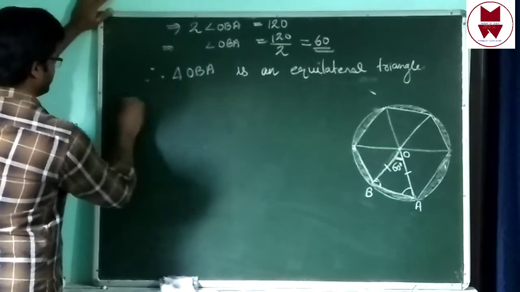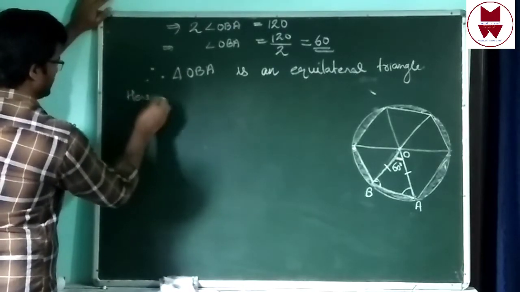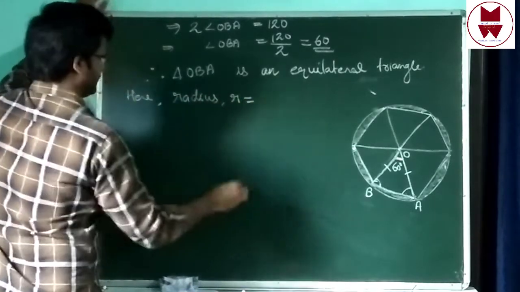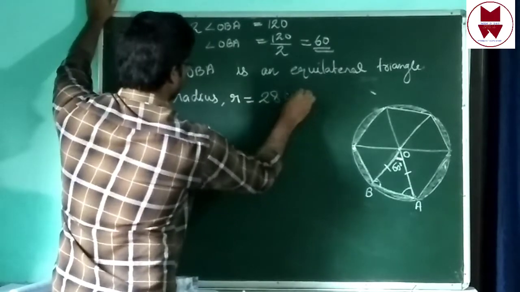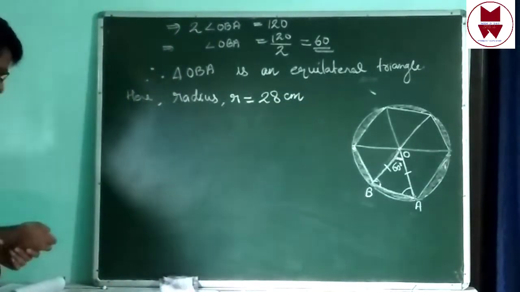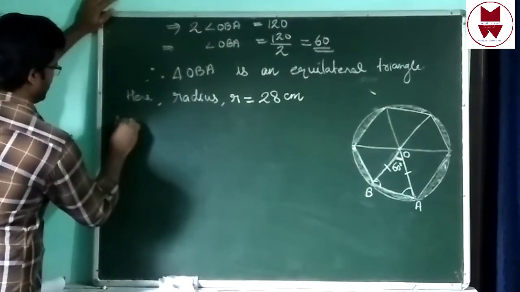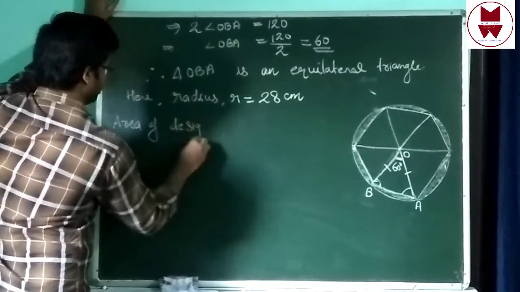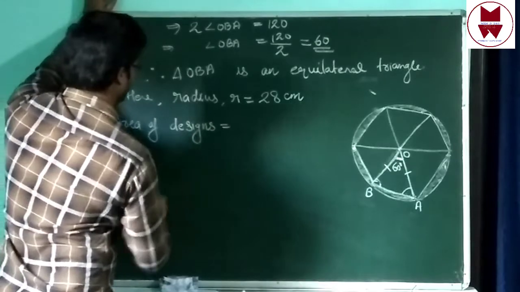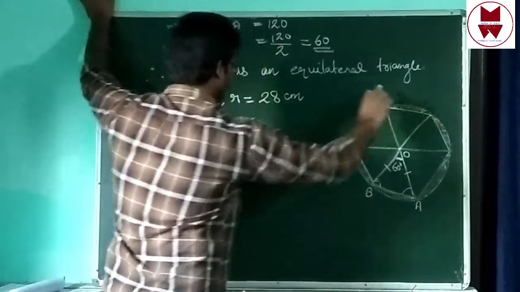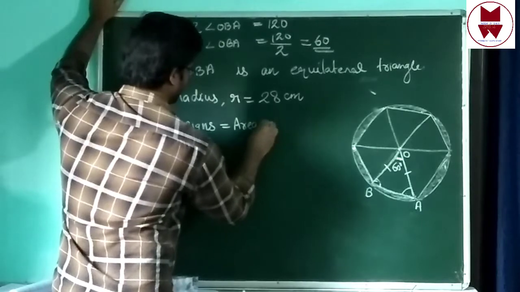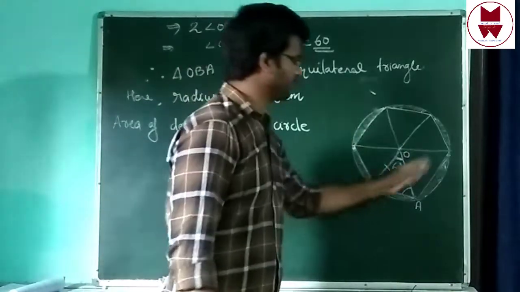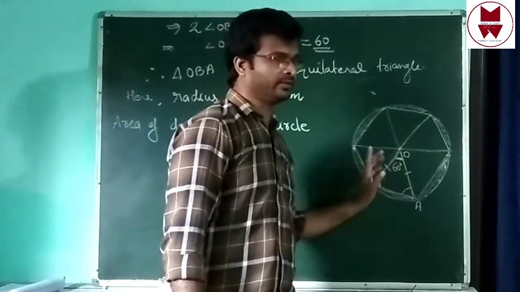Then here the radius of the circle given in the question is 28 centimeter. Then area of design. First we will find the total area of the circle minus, how many triangles are there? 6, you can see.